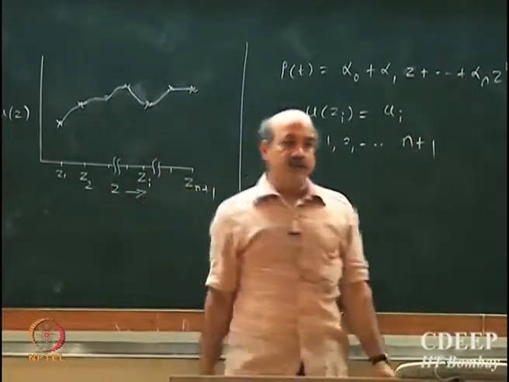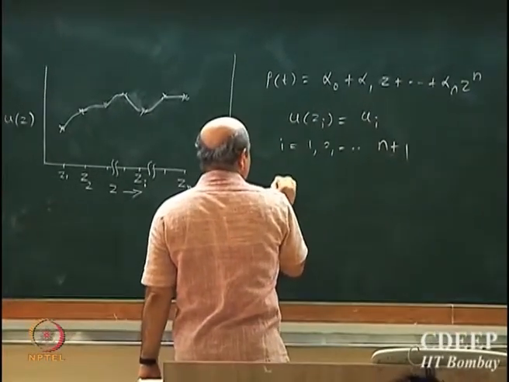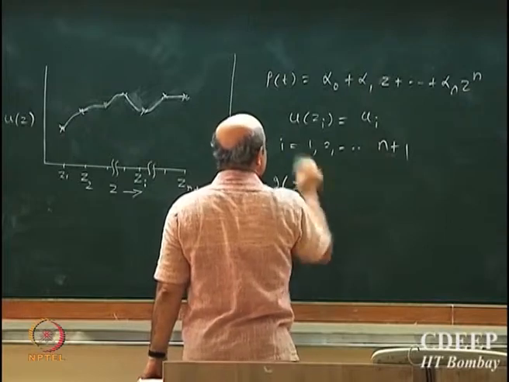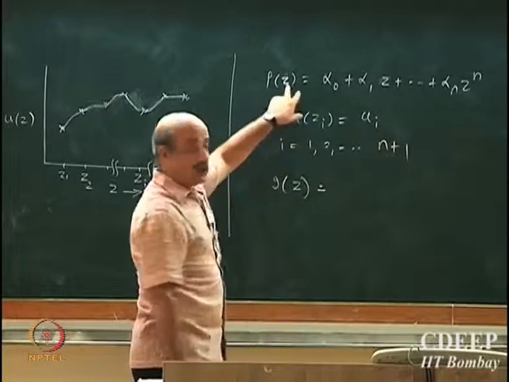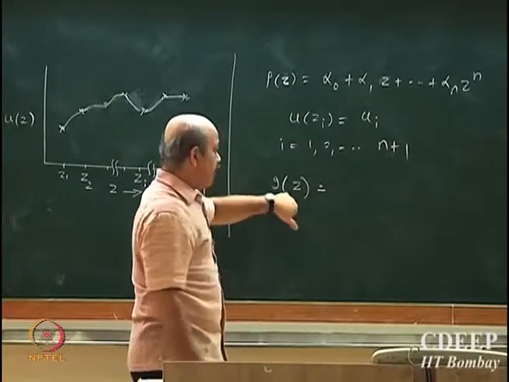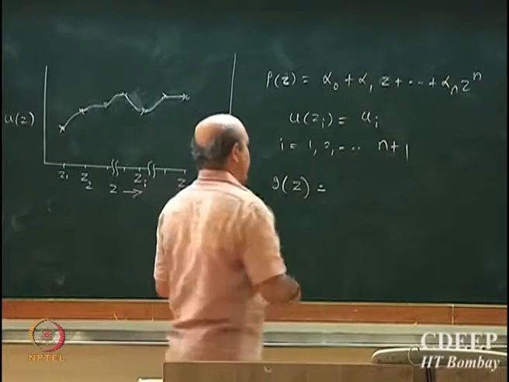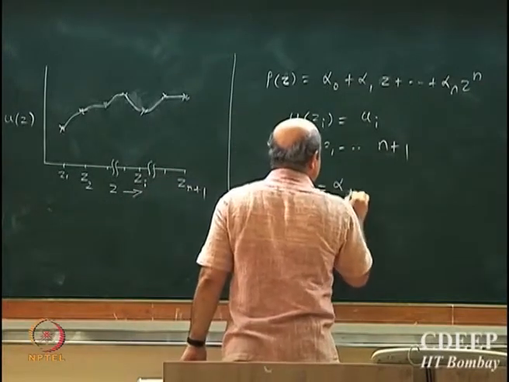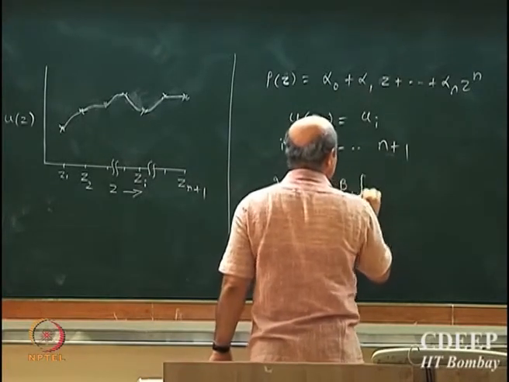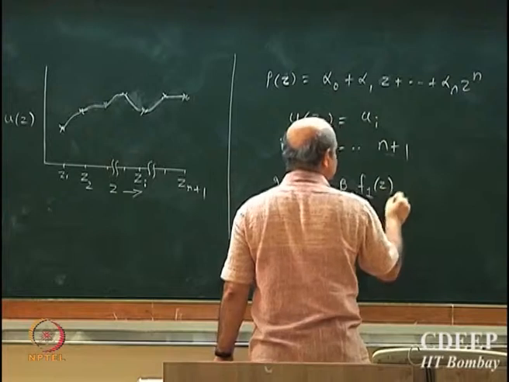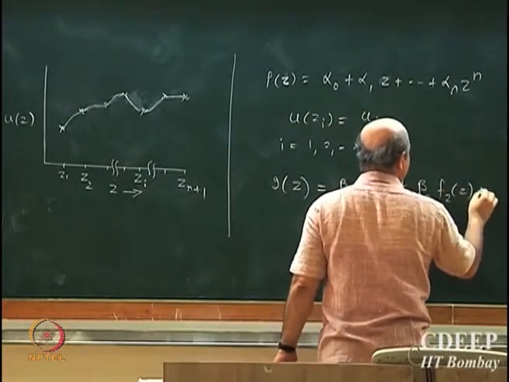Now I could also develop another function g(z), a function of z, not of t. I could develop another interpolating function, which I would call some beta 1 f1(z) plus beta 2 f2(z).